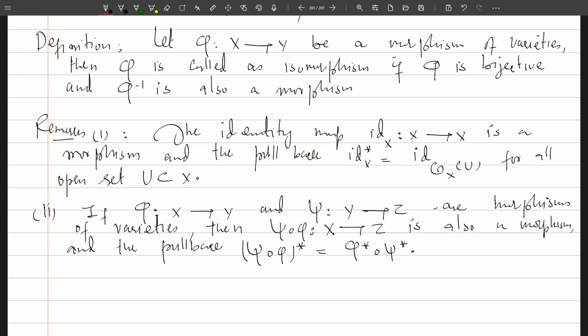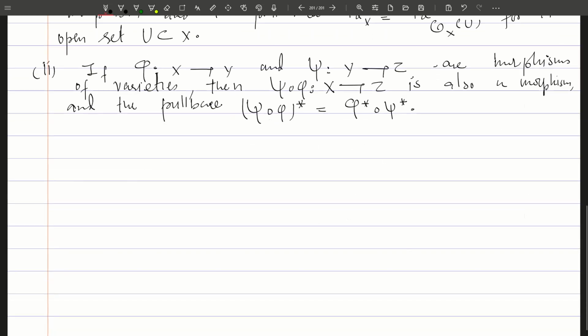So, for this reason, we need some more description of these morphisms. Some criteria which tells us whether a map is a morphism or not. For this, we have this result, a proposition which gives a little more description of these morphisms.